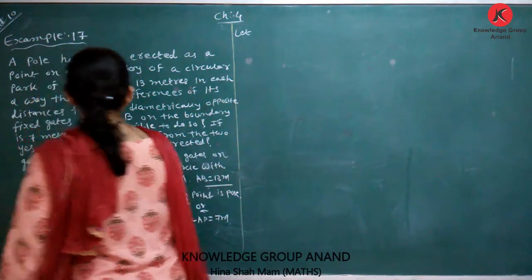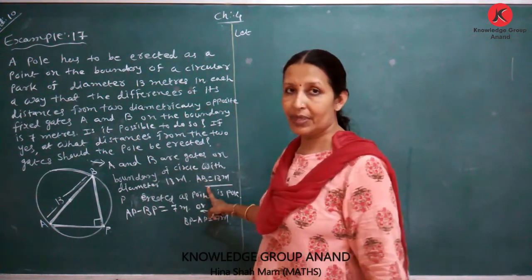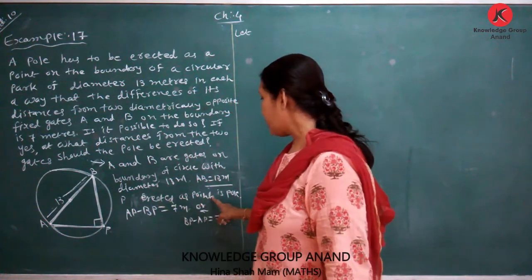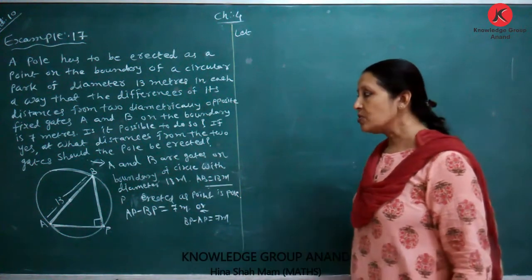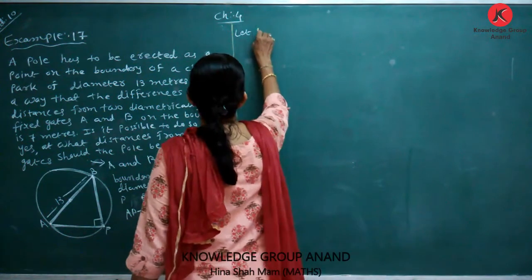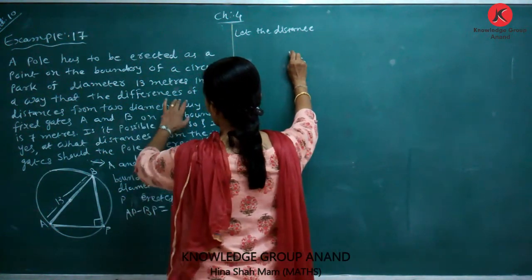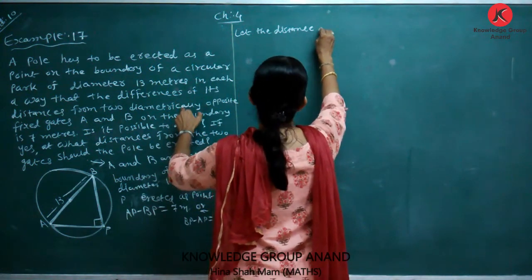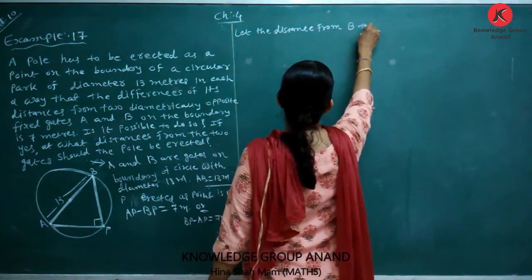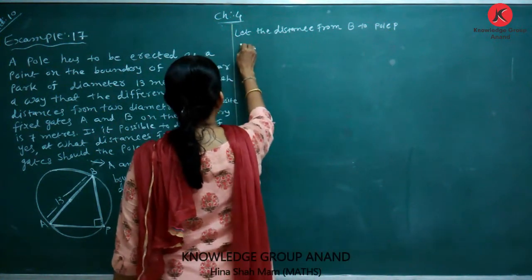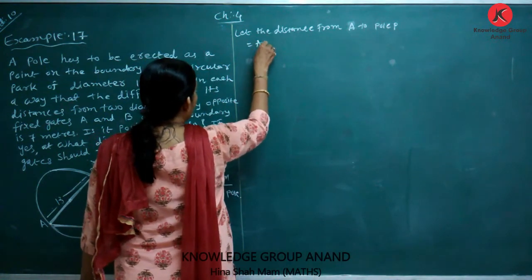Here the solution starts. Now we write the first information. A and B are gates on the boundary of a circle with diameter 30 meters. Therefore AB = 30 meters. P is the point where the pole is erected. AP minus BP = 7 meters or BP minus AP = 7 meters. Let the distance from A to pole P be AP = x.